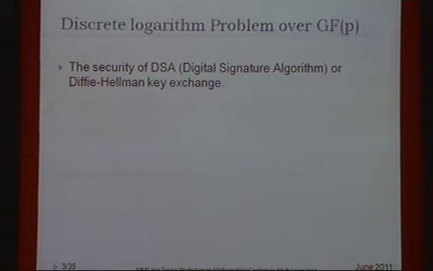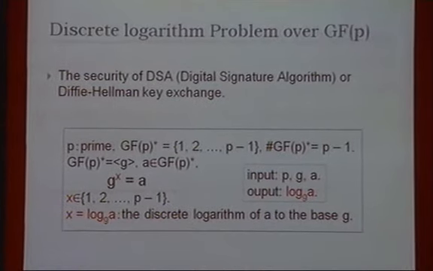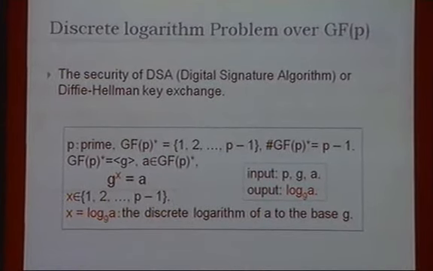Okay, what is the discrete logarithm problem? I define it here. We choose a prime, usually 1024 or larger, 2048 bits. And we encode the finite field GP as this star, like this in this talk.